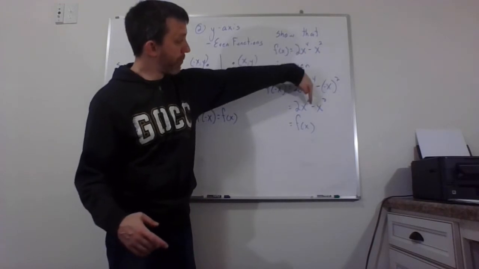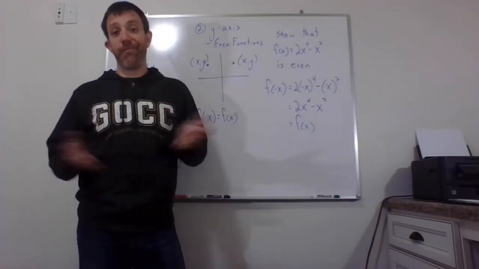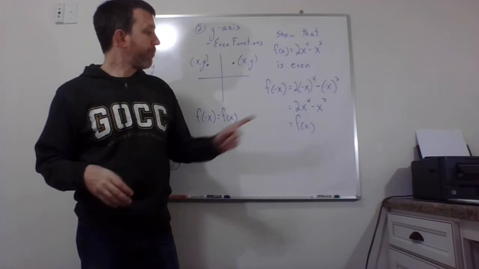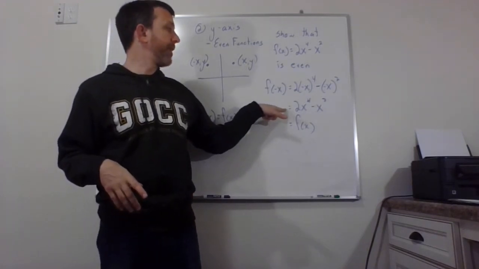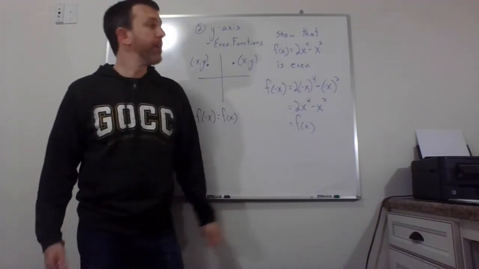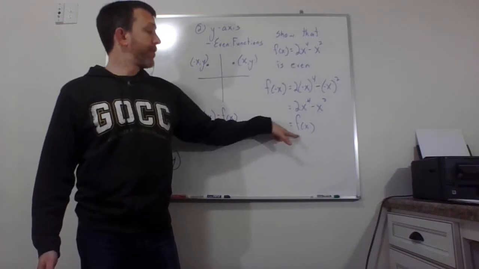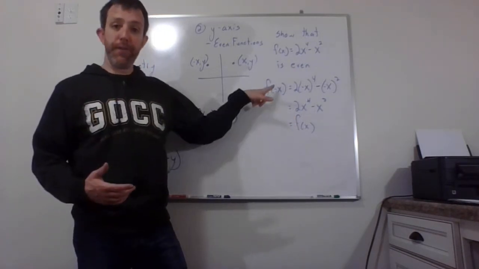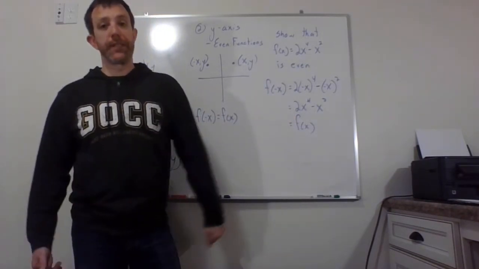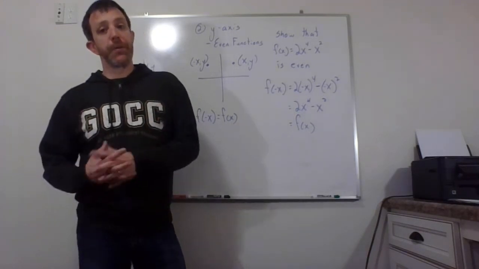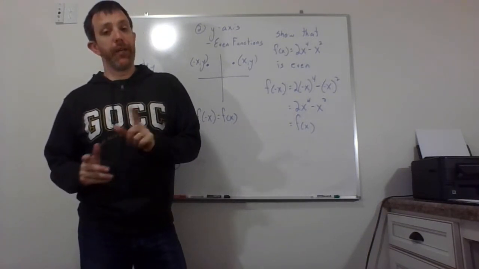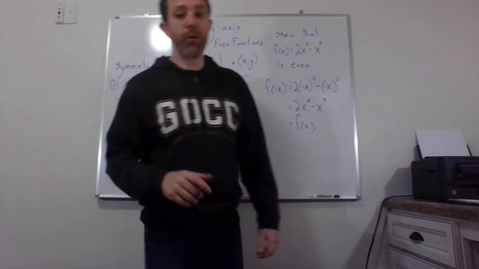Notice this minus sign was what we started with, and it's just floating through the problem. So we end up with 2x to the 4th minus x squared. That is a 2, I promise. And that's the original function. And so we showed that f of negative x and f of x are exactly the same thing. That's what it means to be an even function. All right, we're going to clear the board and do some more.